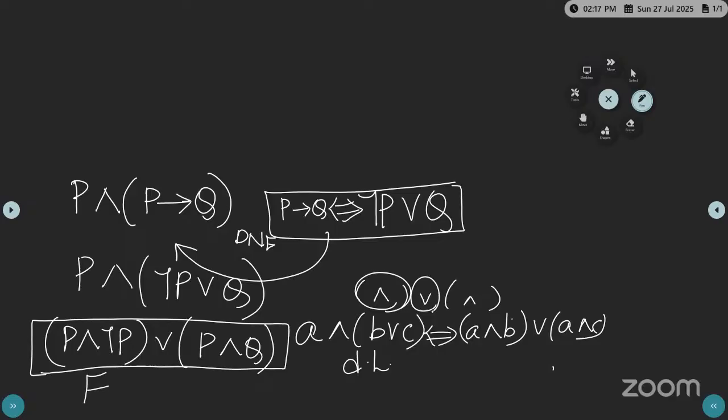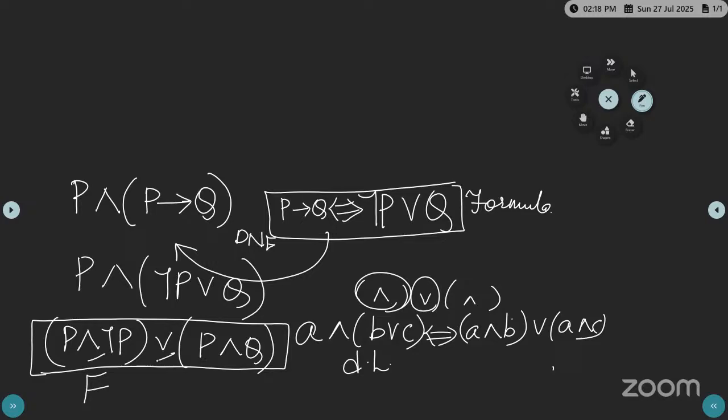I am converting P implies Q into negation P or Q. This is a formula. Next, according to distributive law, I have distributed them and got the answer, with 'and' in between the variables and 'or' in between the combination of variables. Do this problem.